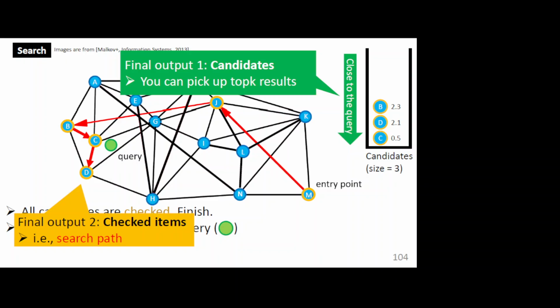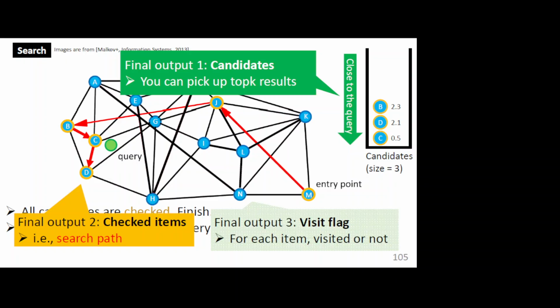You explore this graph. And output 3 is the visited flag. There are several points that are visited. If there are neighbors, these candidates you will explore many neighbors, and they will be labeled as visited.